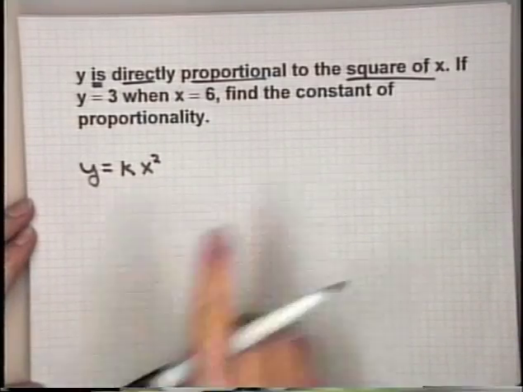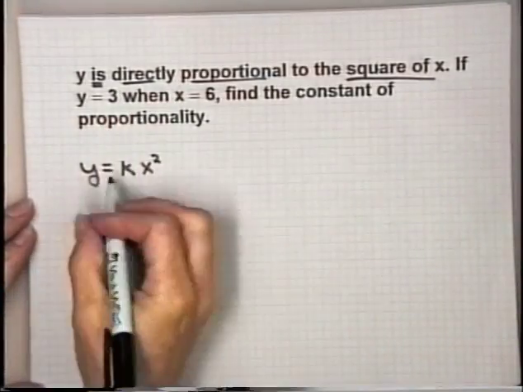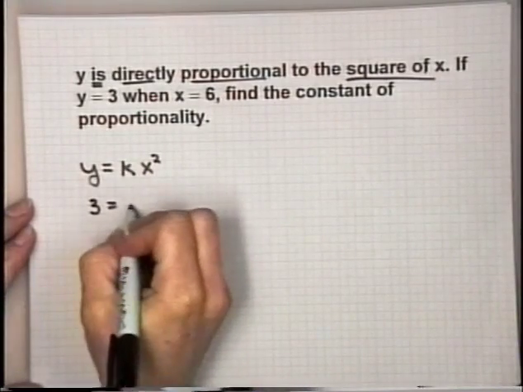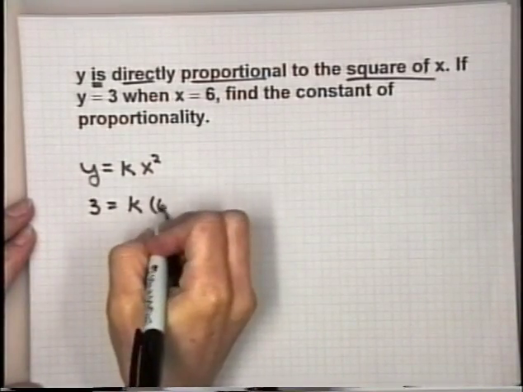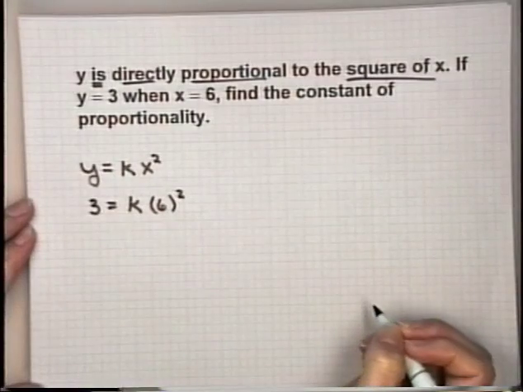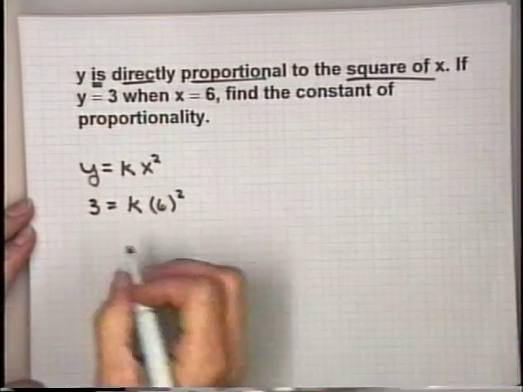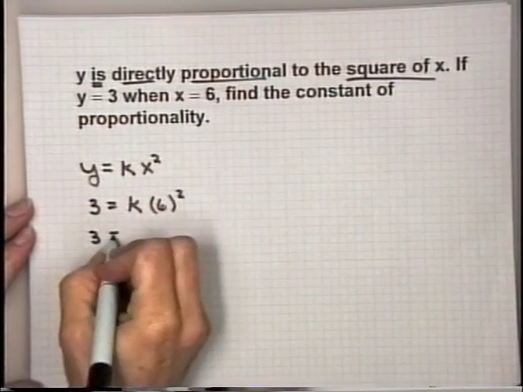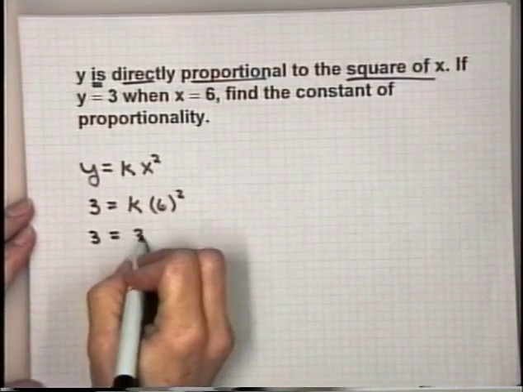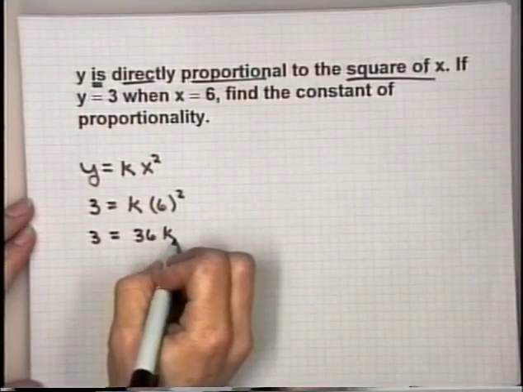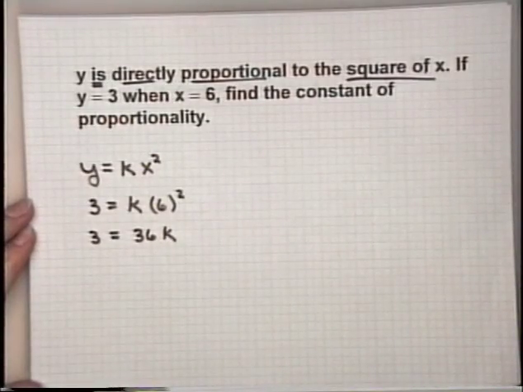Now, if y equals 3, let's put that in for y. Whenever x is 6, put that in for x. Notice we're going to have to square that. We want to find this constant of proportionality. Of course, we need to square this first. 6 squared is 36. I'm going to go ahead and write that as 36k, since multiplication can be written in either order.